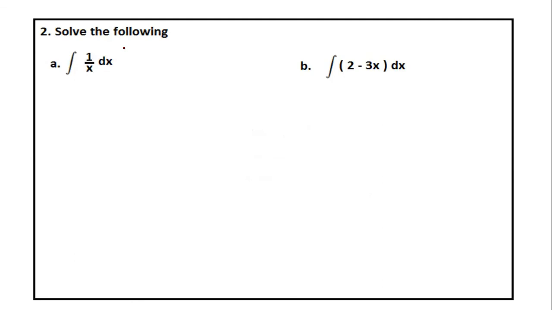So in the second example here, the first thing that we have to do is you have to remember this number here, it simply means what? Negative. So we are dealing with powers. So this one can also be written as negative 1.